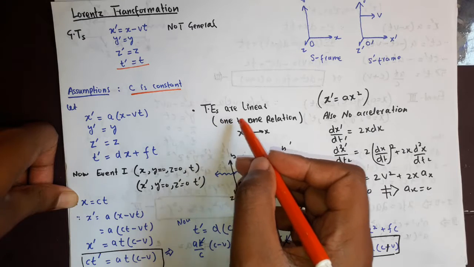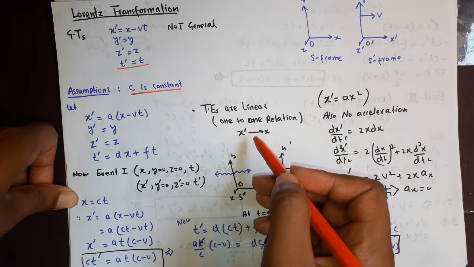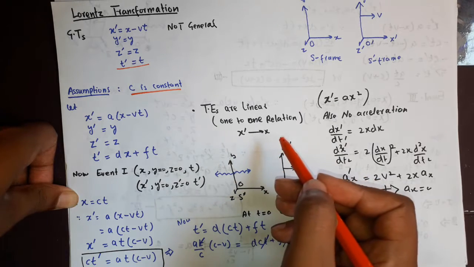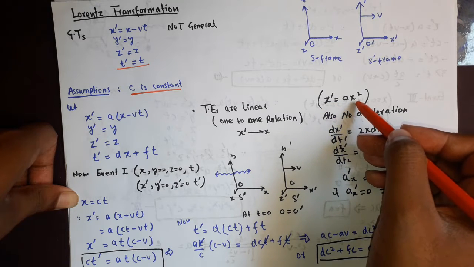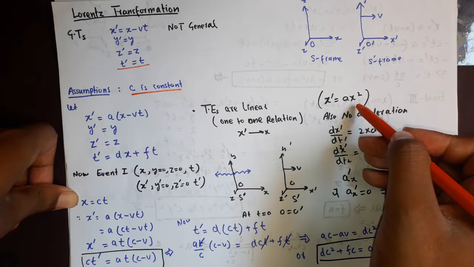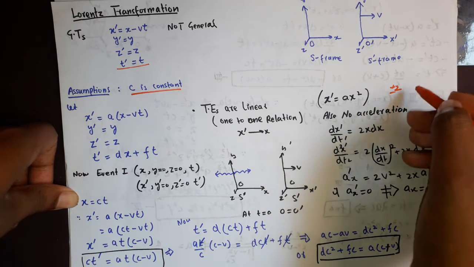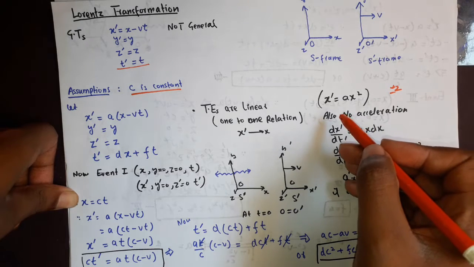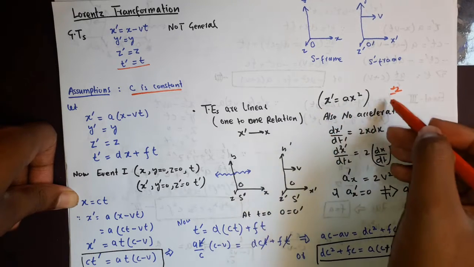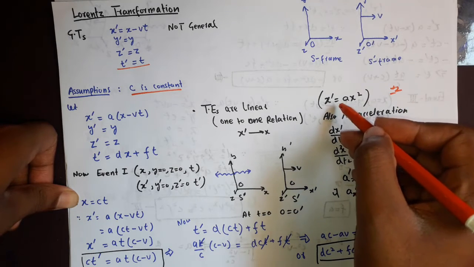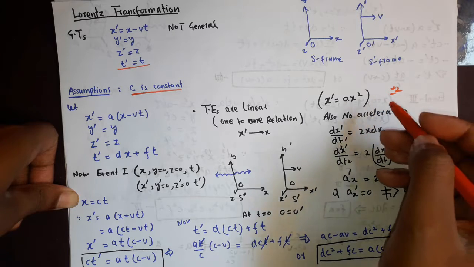Here are some other facts. Transformation equations are linear, and there should be a one-to-one correspondence. For example, if x prime is equal to x squared, then if I put plus 2 or minus 2 it is equivalent because I am taking the square. It means that an event happening at one particular position in S prime will be happening in the S frame at two positions, which is not allowed.